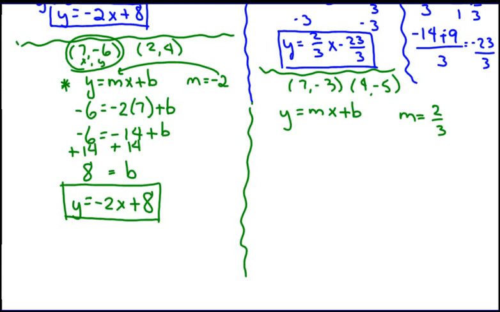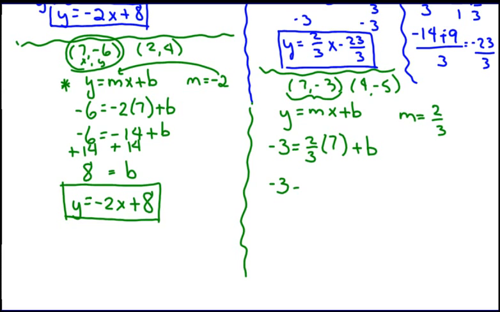I am going to use this first ordered pair for my x and y. So replacing y with negative 3, I'm on my way. Instead of the m, I have 2/3. Instead of x, I have 7. And then I have only one letter left, which is b.